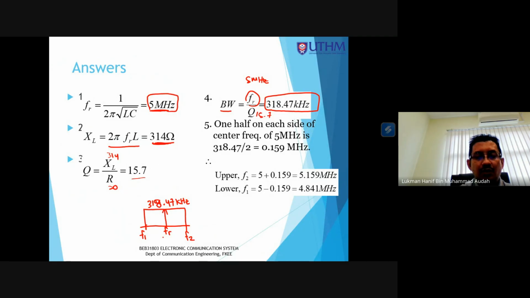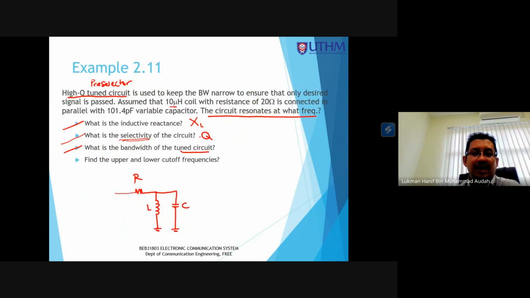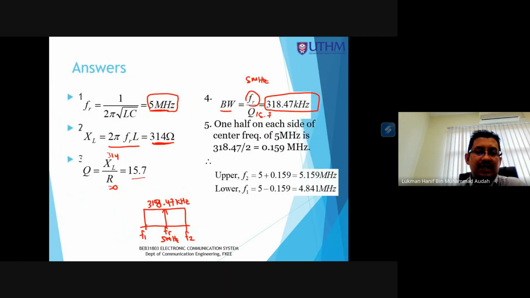But we know that this one is 5 megahertz. So the next question asks you to find the upper and lower cutoff frequencies, that is, how much would be the lower frequency and how much would be the upper frequency.